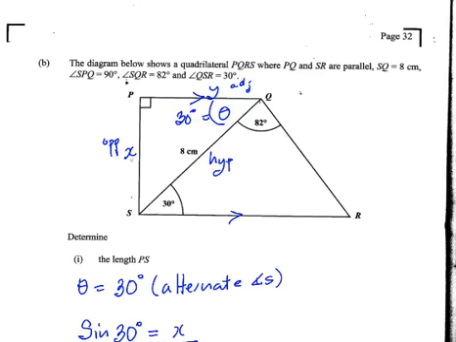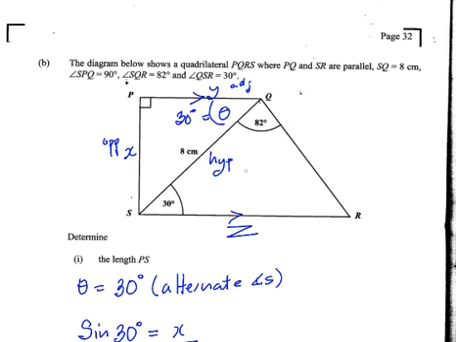Once I know the length of Z, I can determine the area of PQRS, which is a trapezium. First of all, I'm going to have to use the sine rule, because for this triangle over here, triangle SQR, I know two angles and one side, so that's a condition for applying the sine rule. So let's start off with what this angle is. Let's call it alpha.